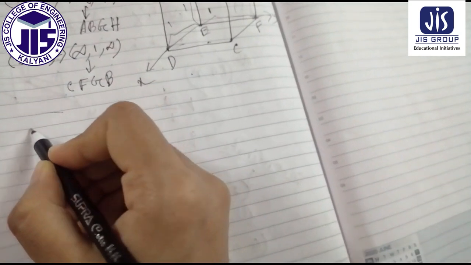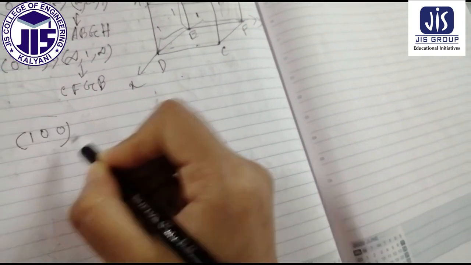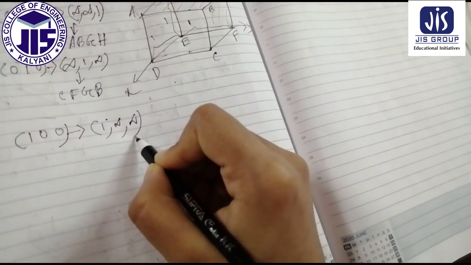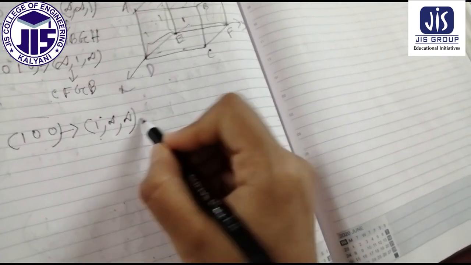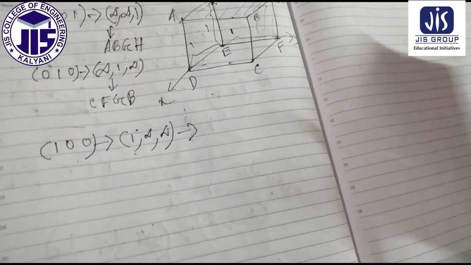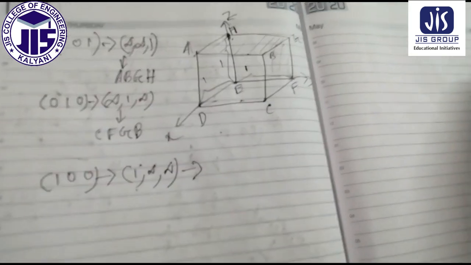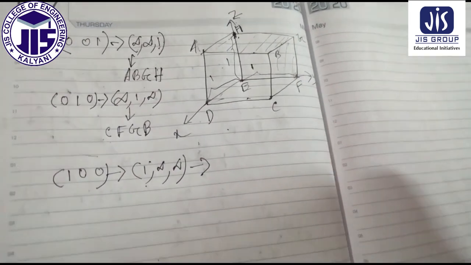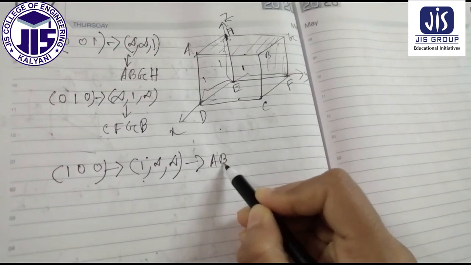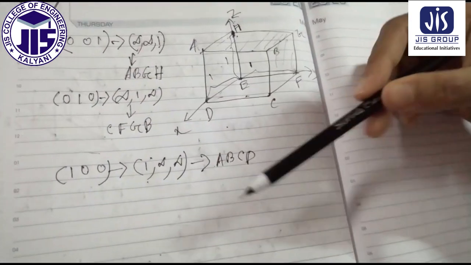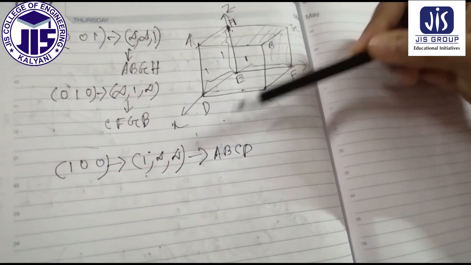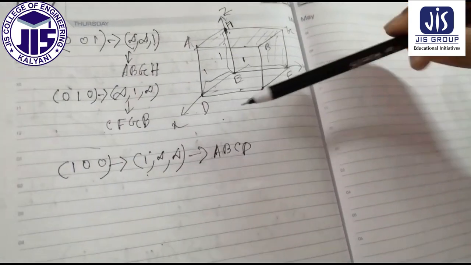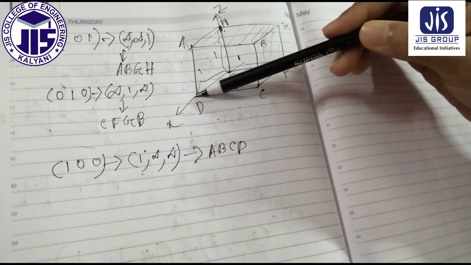Next, if we go for 1, 0, 0, then 1, infinite, infinite. So the answer will be A, B, C, D, because this one is parallel with the z-axis and this one is parallel with the y-axis, but the intersection point here is 1.